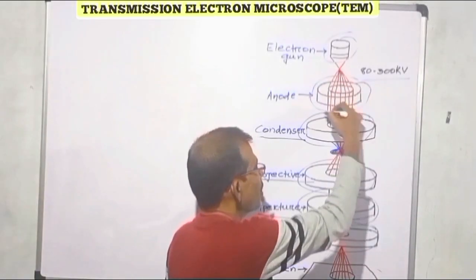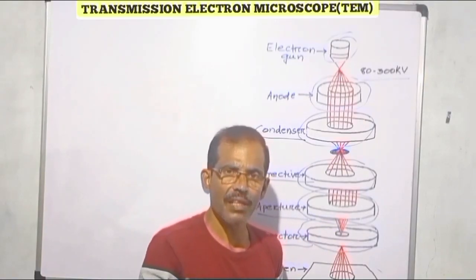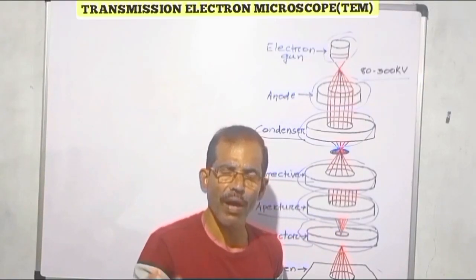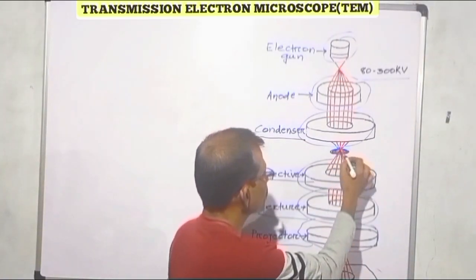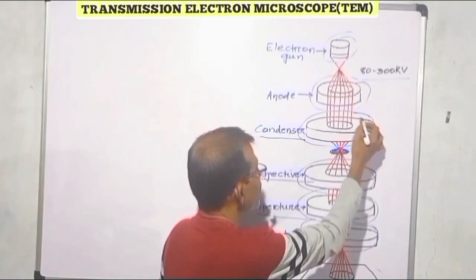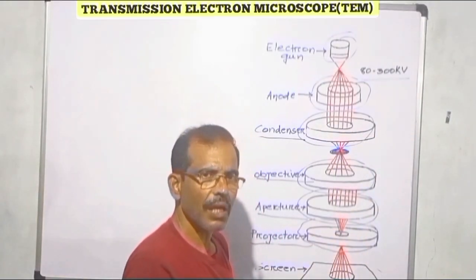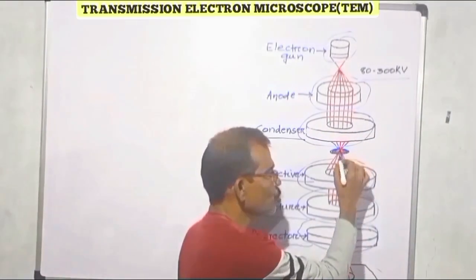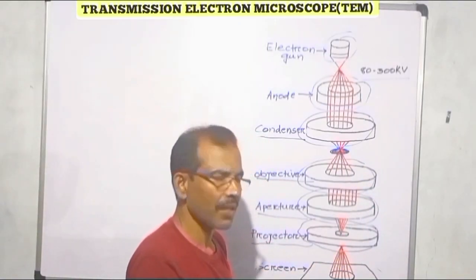The function of the anode is to attract the electrons, accelerate them and shape them into a fine beam, which is then focused onto the specimen by the electromagnetic condenser lens. For TEM, the specimen should be ultra thin and is placed on a support grid.